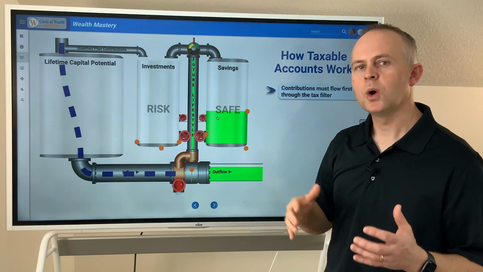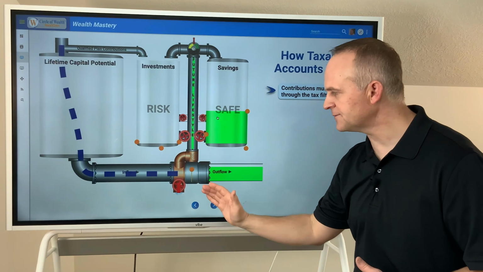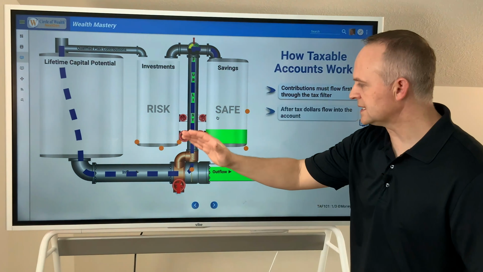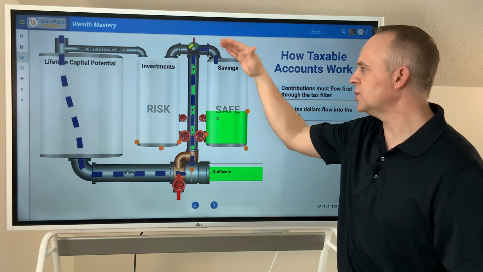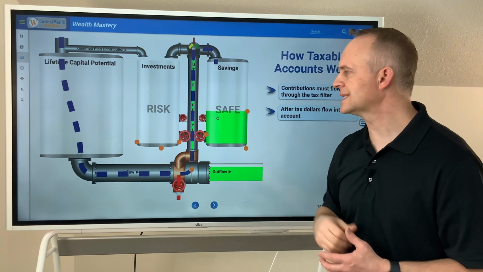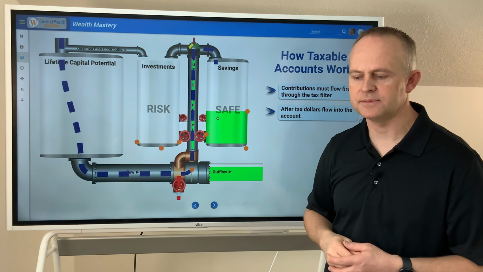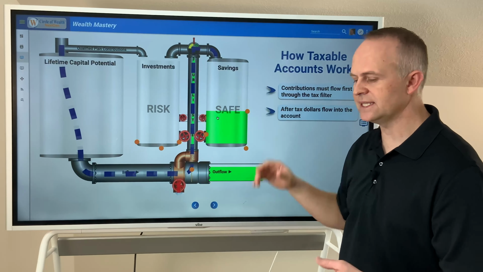In this example, we're paying our taxes first. So then our money is going to go through the tax filter, and then we're going to take the money after we've paid our taxes and pump it up into either the safe tank or the risk tank. In this lesson, we're going to use the safe tank as an example, right? So this is after tax dollars that are going to be put into this tank.